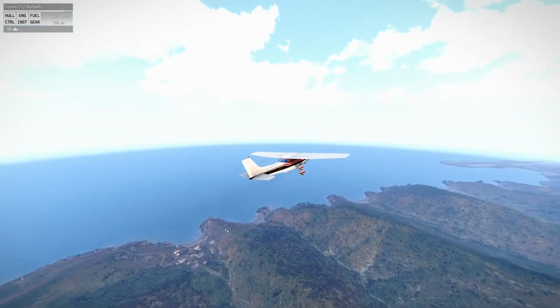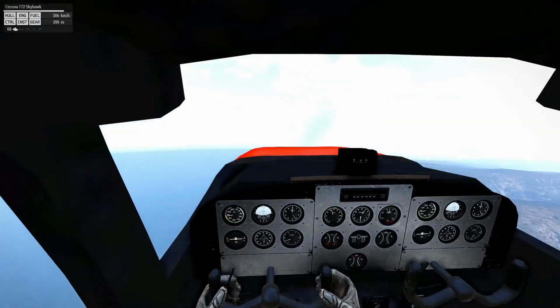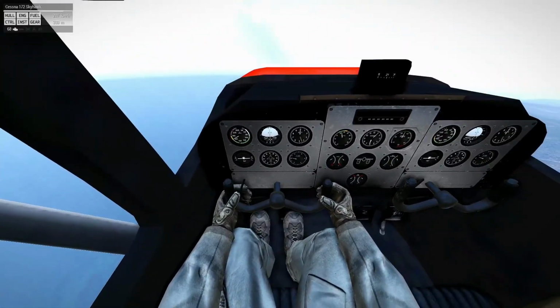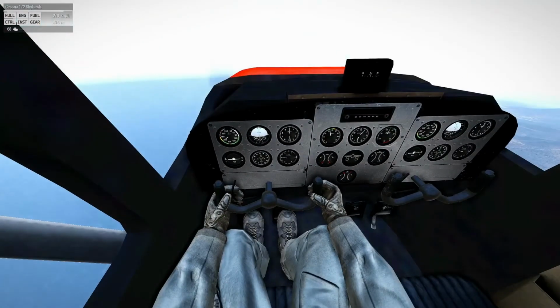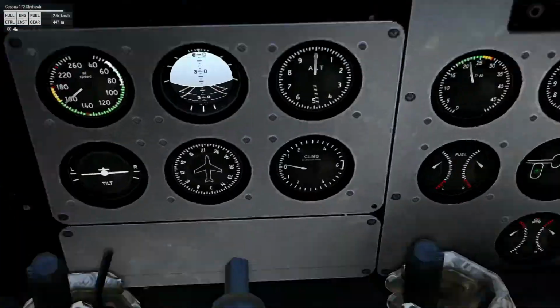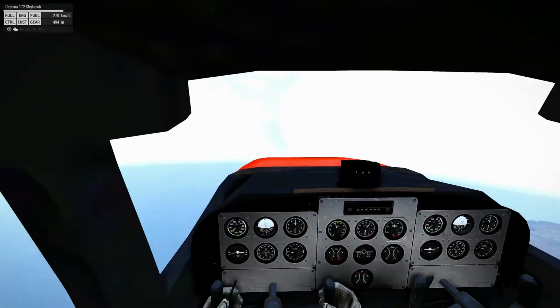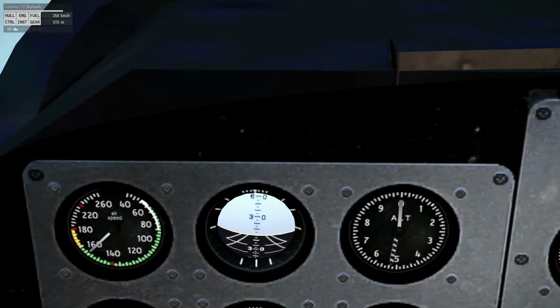Now, let's see how the variometer works. The variometer actually just measures the air pressure to see what rate we are climbing or descending at. So, right now, my angle of attack is a bit in the positive range. We can check that just by looking over here. We're not exactly on the horizon line.